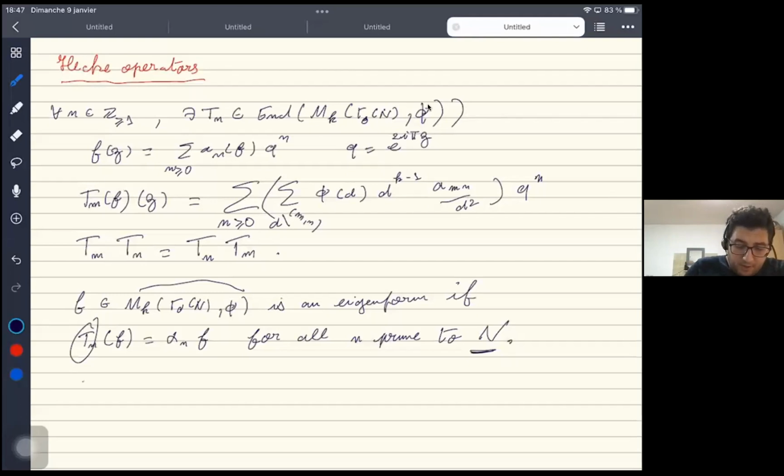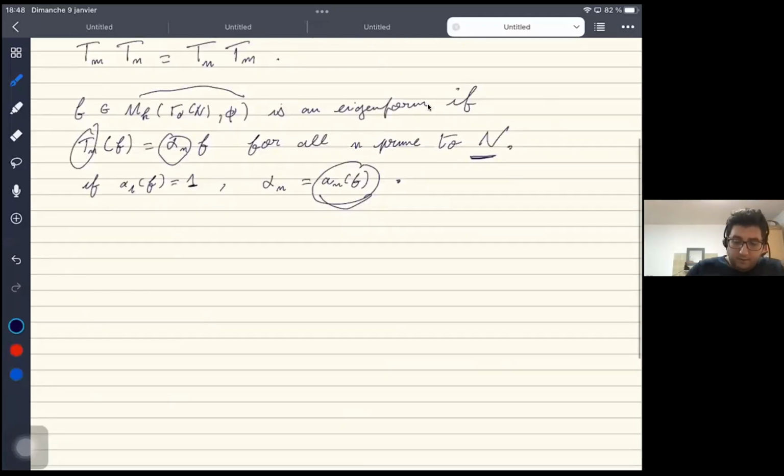Now, if a_1(f) is 1, you can normalize it such that it will always be the case, then the eigenvalue is a_n(f). a_n(f) is the Fourier coefficient. If in addition the first term a_1(f) is 1, then the eigenvalue here is the Fourier coefficient for the integer n.